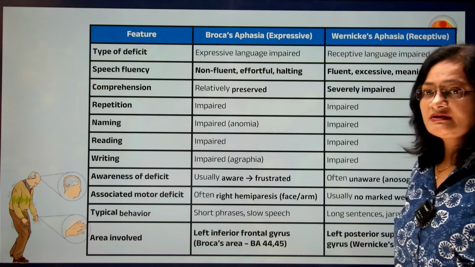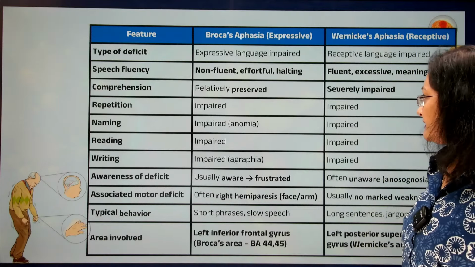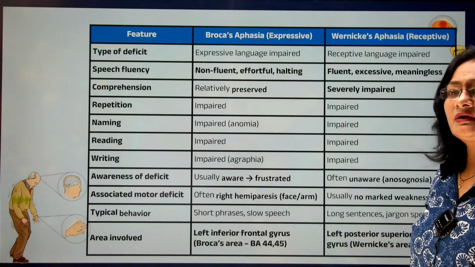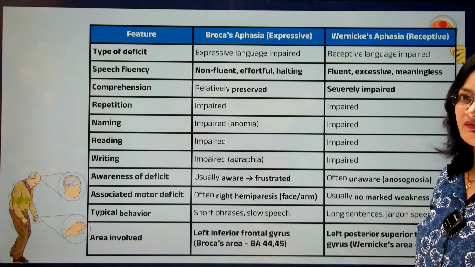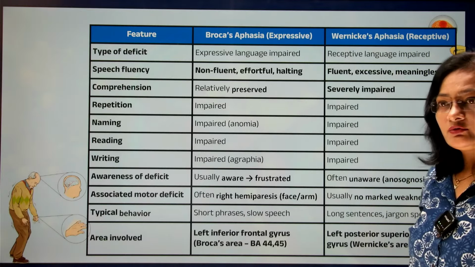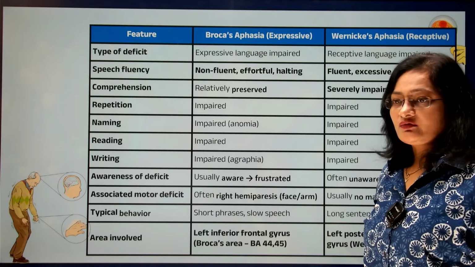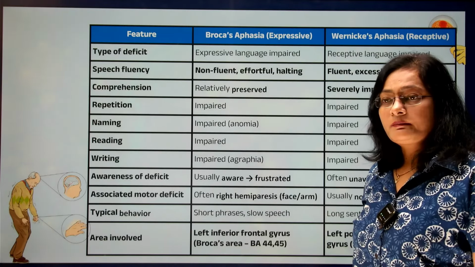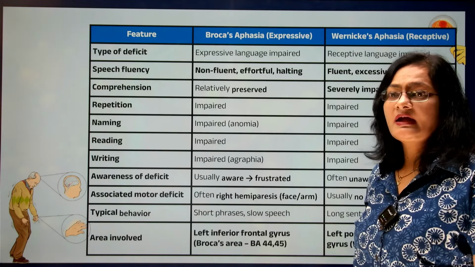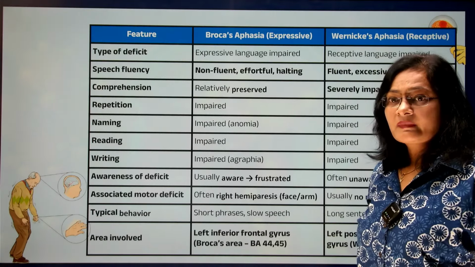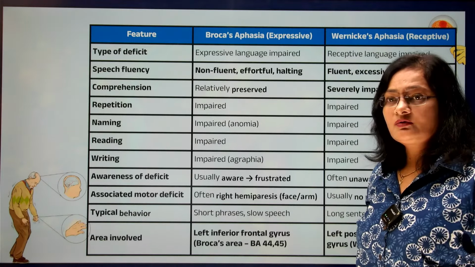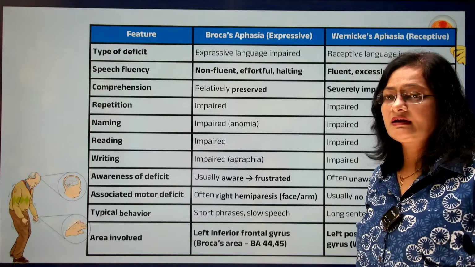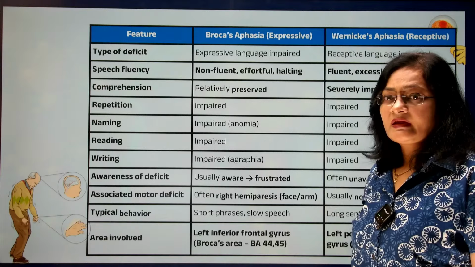Comprehension is relatively preserved in Broca's aphasia, while it is severely impaired in Wernicke's aphasia. As I told you, aphasia is a language disorder, and language has three parts: comprehension, formulation and use. Comprehension is preserved in Broca's aphasia, while it is affected in Wernicke's aphasia.